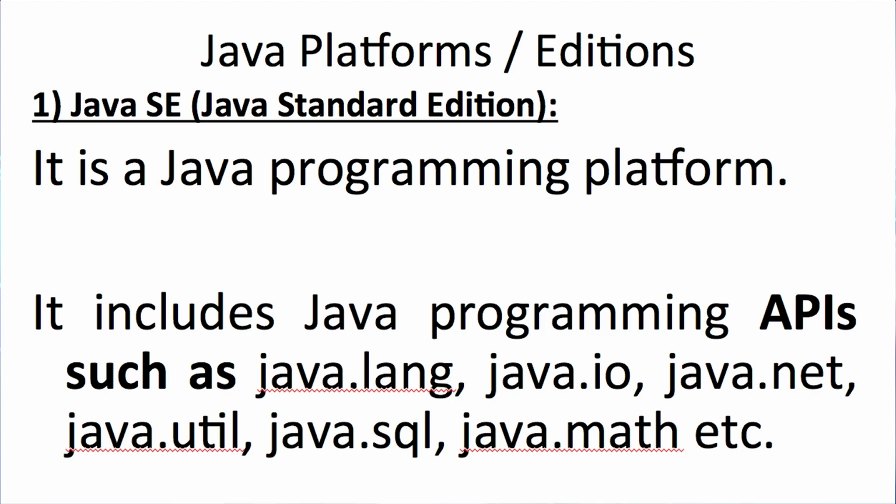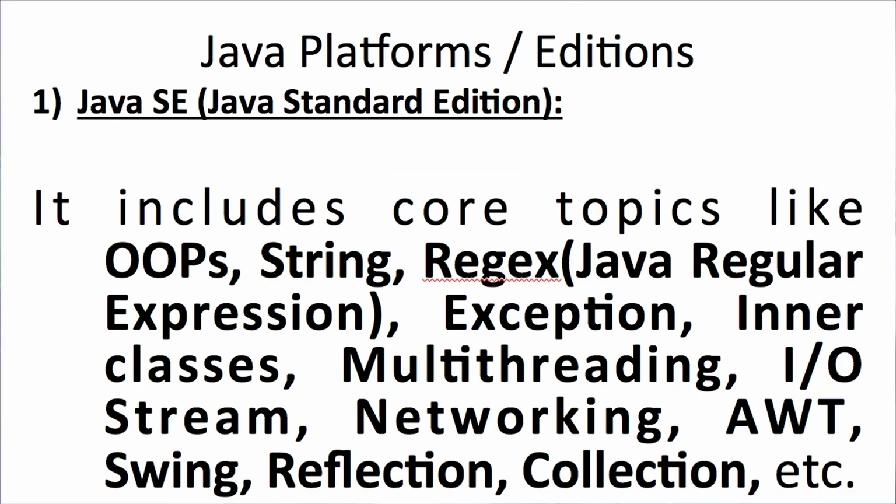In Java Standard Edition, it includes core topics like object oriented programming, string, regex meaning regular expression, exception handling, inner classes, multi-threading, IO stream, networking, AWT, Swing, reflection, and collection. All these topics are covered inside Java Standard Edition.